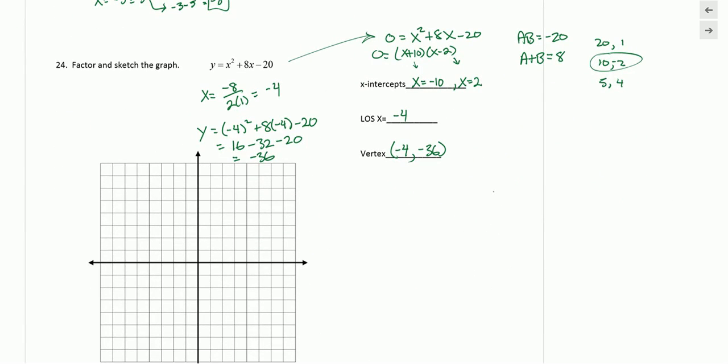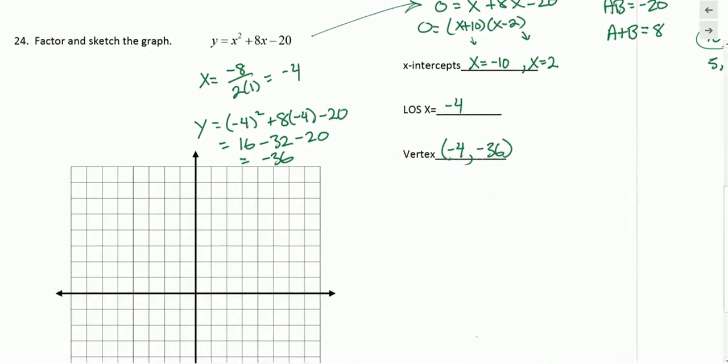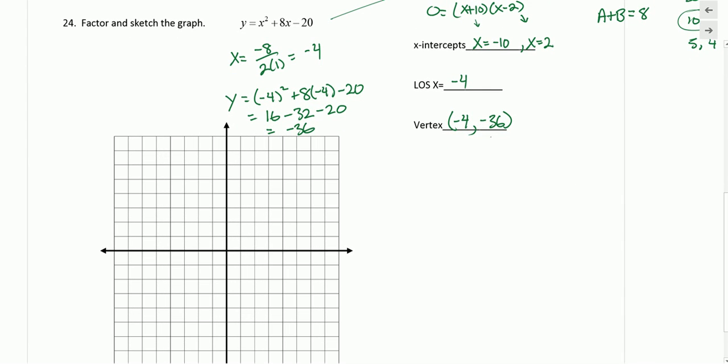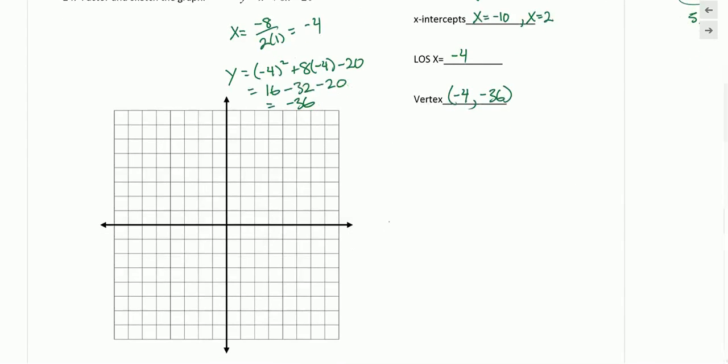So now we need to sketch the graph. We're going to have to hit as low as -36, so I'm going to go by 5s. So -5, -10, -20, -30, -40, and we'll go by 2s on the x-axis.